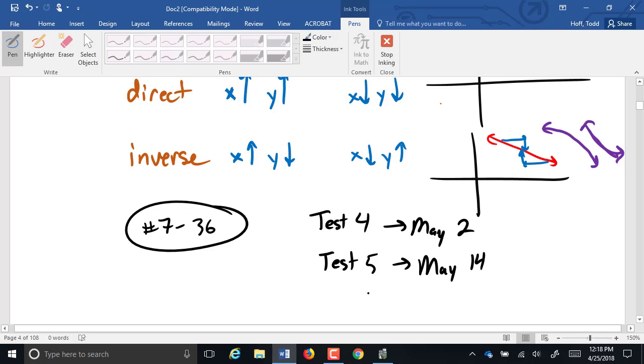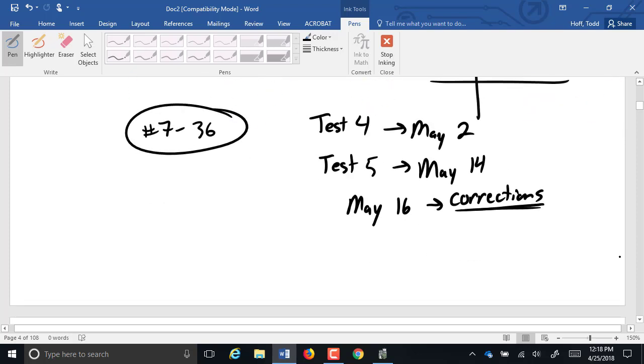That'll be test 5. Then May 16th is going to be dedicated to doing corrections, so if you have any questions on test 5 that you need answered so you can do corrections on it, and then also extra credit.